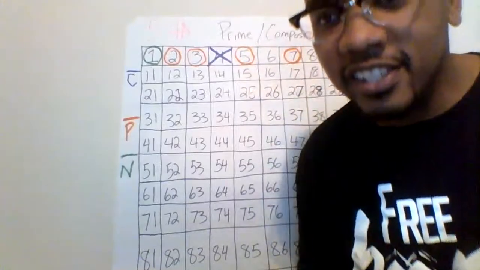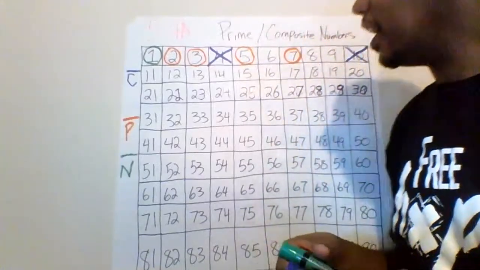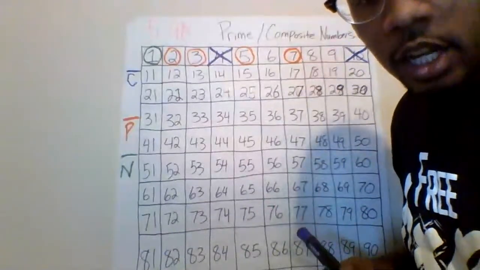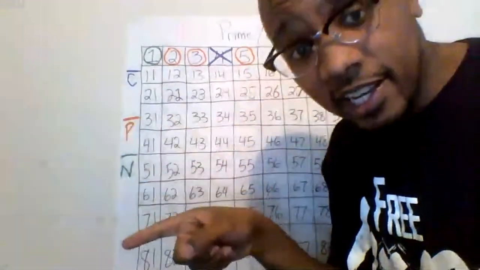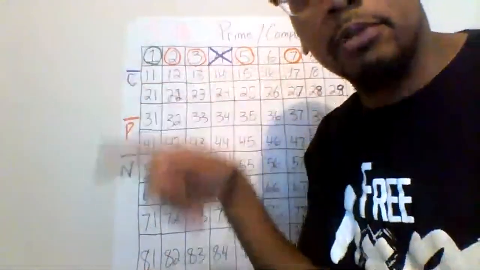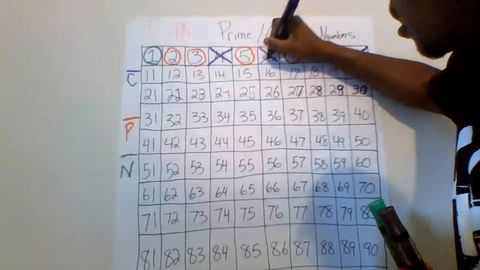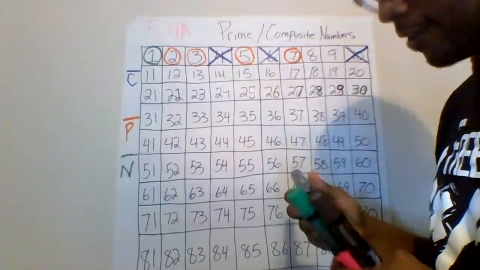Good, Darlene. 6 is composite. So I'll cross it out in blue. The number 6 is composite because you have 1 times 6, and you also can do 2 times 3. So I'm going to cross that out. It's composite.